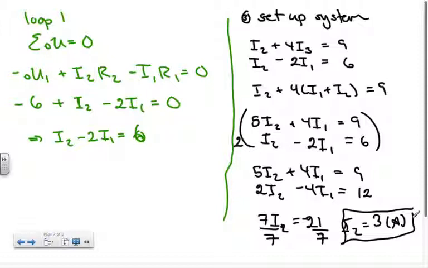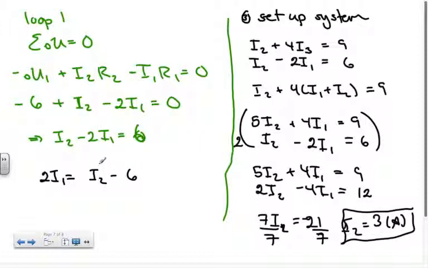Now we need to go back and solve this equation, of course, for I1. It doesn't matter what equation I choose. So let's say I choose the bottom equation here. Simply solve it for I1. So I know that twice I1 is equal to I2 minus 6.